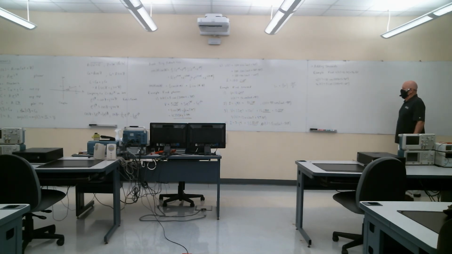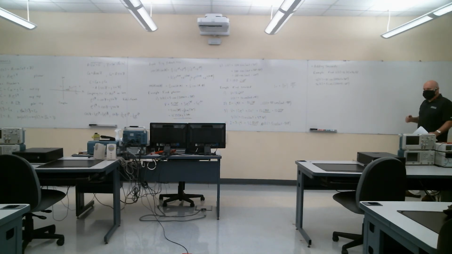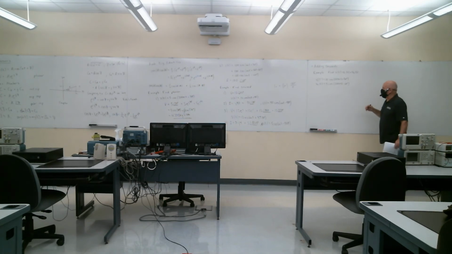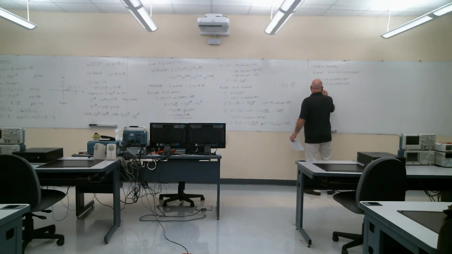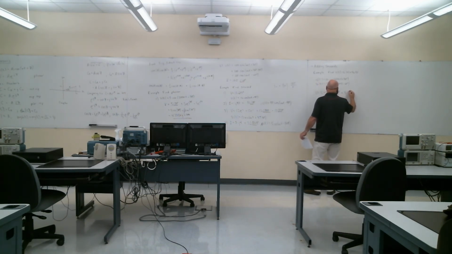Now I could actually add those using a whole bunch of trigonometric identities, and a whole bunch of paper and algebra, and come back in 30 minutes and give you the answer. Alternatively, and this is the real value of phasors, the phasor sum is equal to the sum of the individual phasors. So V is equal to V1 plus V2, which is 10 at an angle of 30, plus 5 at an angle of minus 60.